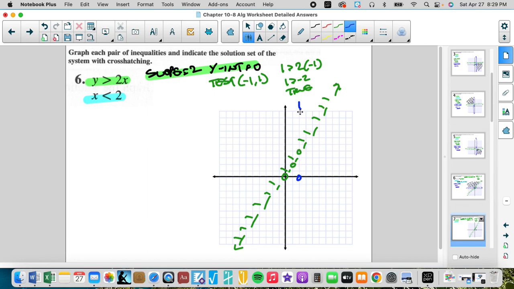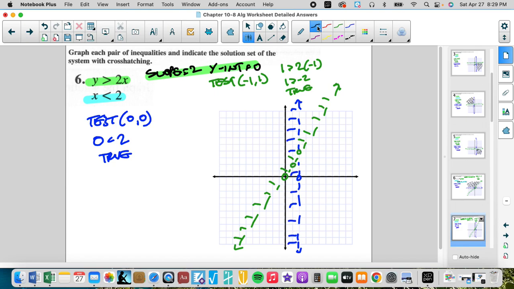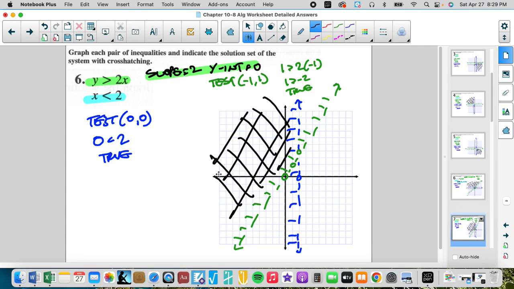It's going to be a vertical line dashing through the snow. Let's test 0. My x, 0, is less than 2. That's true. So we're going to shade towards the true from this boundary line. And the true, true is going to be through here.